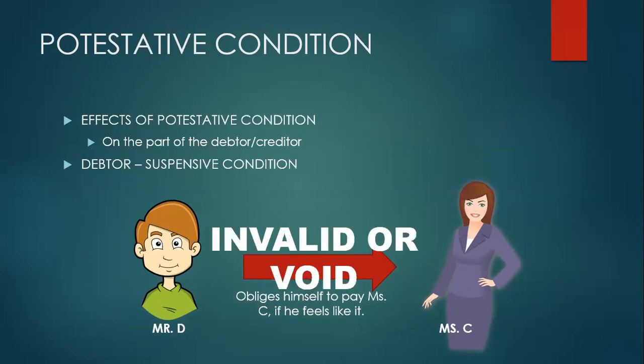So what is the effect of a potestative condition? The effect depends upon whether the potestative condition is dependent upon the will of the debtor or if it is dependent upon the will of the creditor. If the potestative condition is dependent upon the will of the debtor and the condition is suspensive in nature, for example, Mr. D obliges himself to pay Miss C if he feels like it, the law says that the obligation is invalid or void.